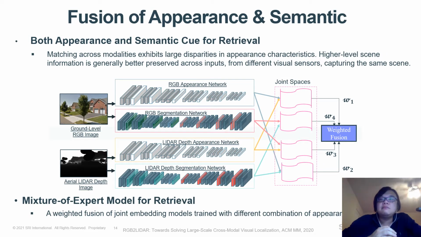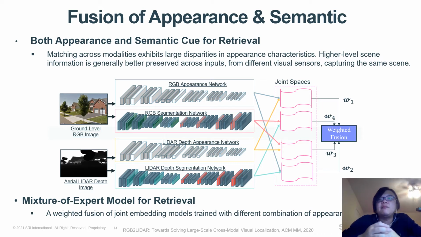Cross-modal matching is very difficult. It is because the appearance is very different across different data modalities. So one central idea from our work is to use semantic information to improve the results. Compared to appearance information, high-level semantic information such as semantic scene layout is more consistent across different data modalities, so it can further improve the results.